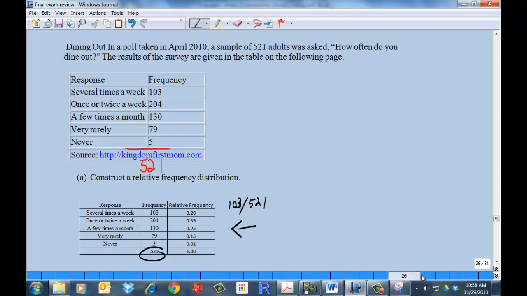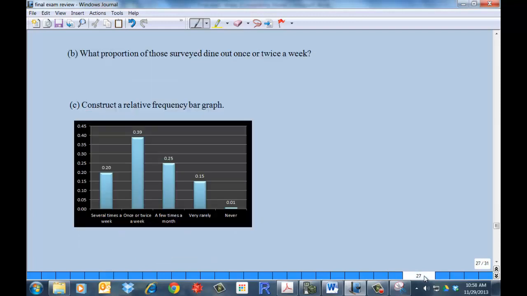All right, so let's go to the next page, and here we're going to construct a relative frequency bar graph, and I've done that. Again, you just draw the height of the bar to the frequency here.